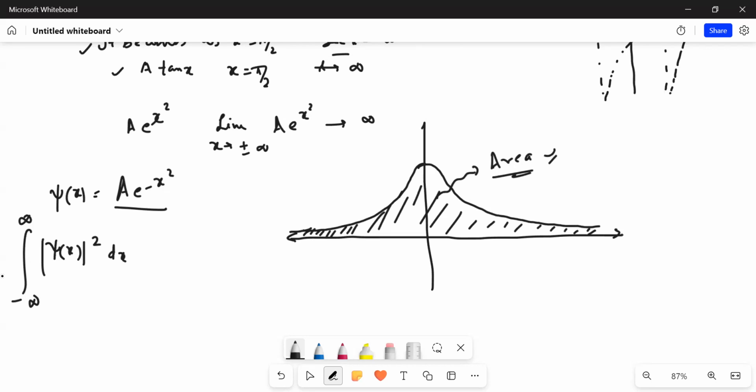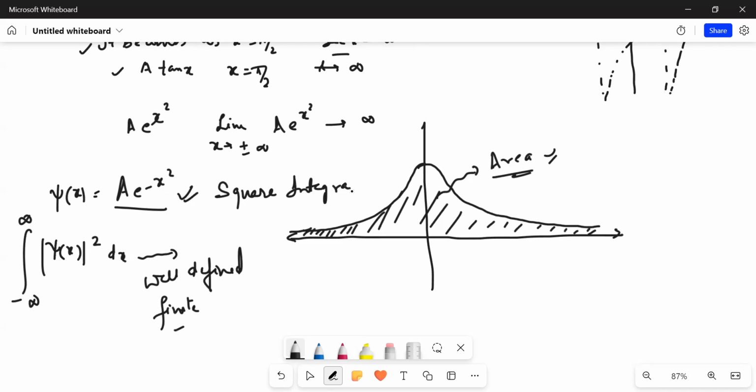So this will be some finite value. So indeed, this psi of x is a square integrable function, and you can use it as a physically acceptable wave function.